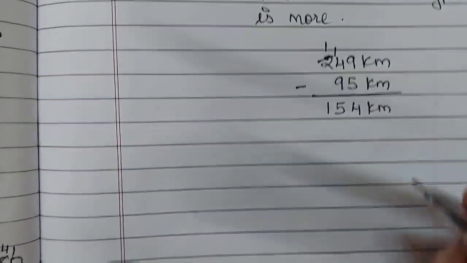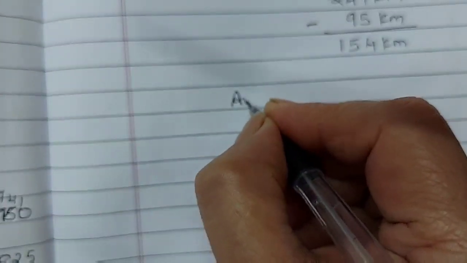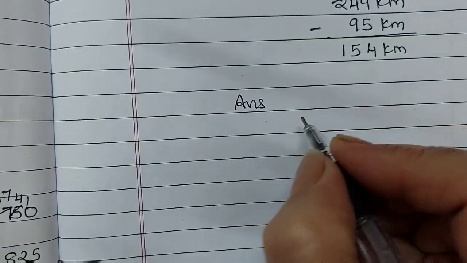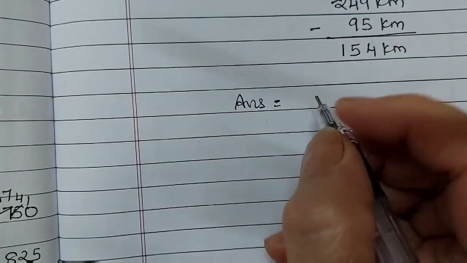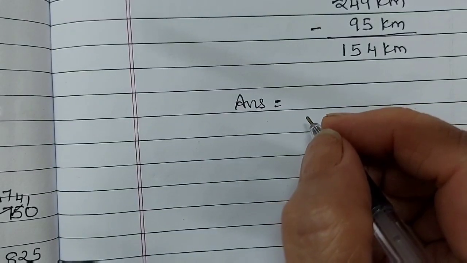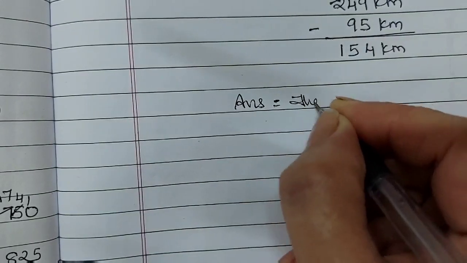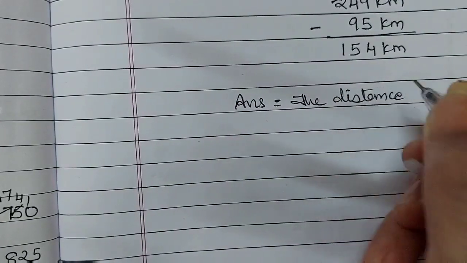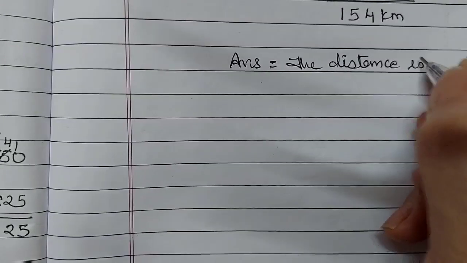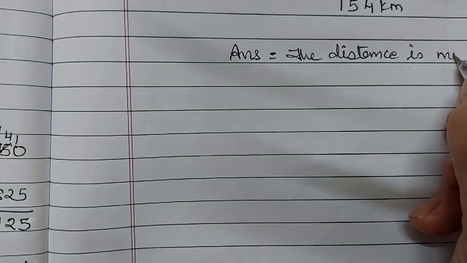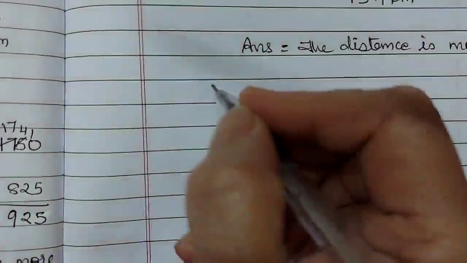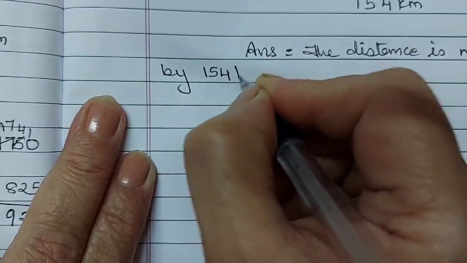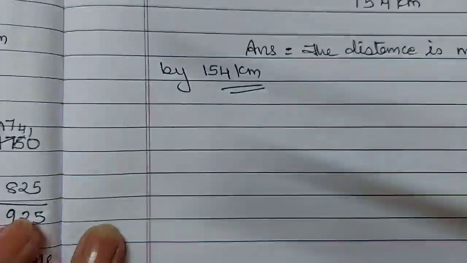So this is what? 154 kilometers. So in the answer, what are we going to write, the difference? The distance is more by 154 kilometers.